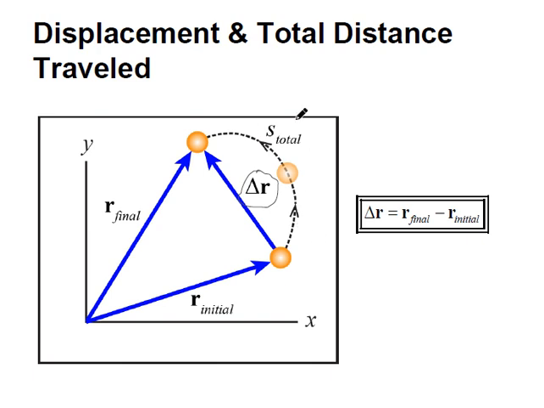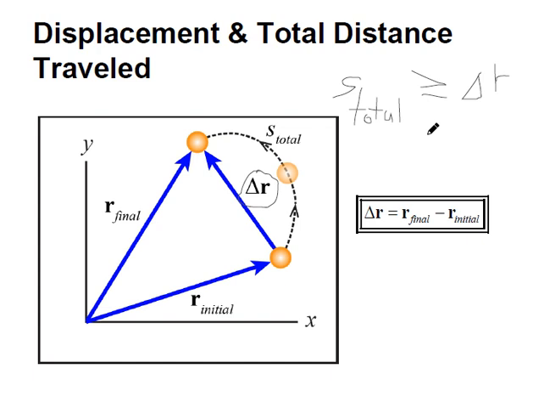Here in this example it is a curved line, so the total distance traveled is always equal to or greater than delta r. If I write it down, S total is greater than or equal to delta r. Make sure you understand the difference.